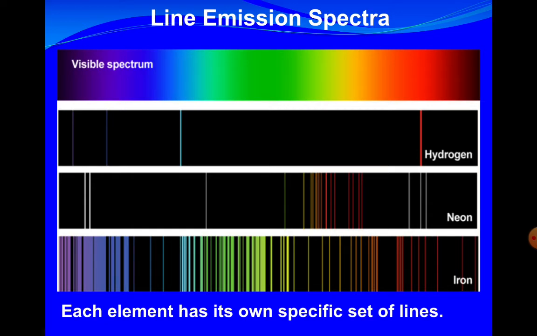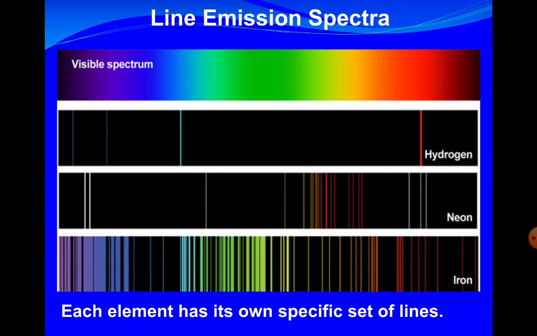Now when we move up in the periodic table, and especially the chemistry students know this, when we talk about electron configurations, more electrons occupy different energy levels. Therefore, these electrons can be excited from the ground level to a higher level and jump back. So there are lots more possibilities. When we move up even to iron, we see more and more lines.